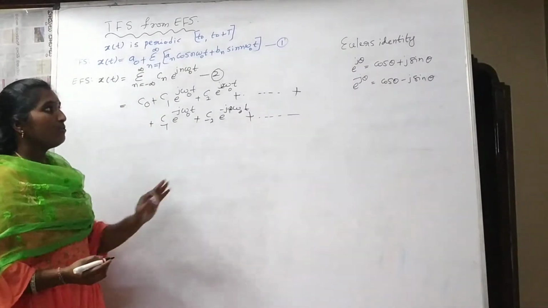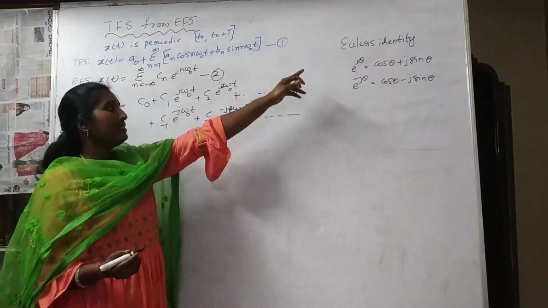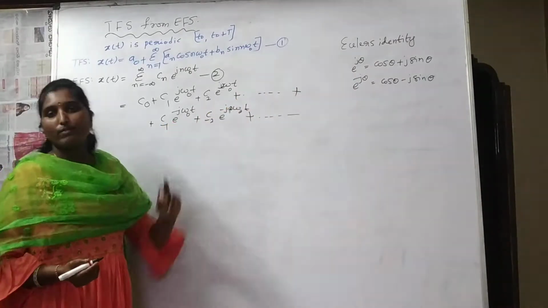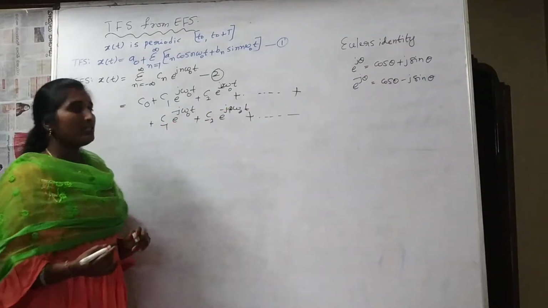Now use Euler's identity. You know Euler's identity: e^(j theta) can be expressed as cos theta plus j sin theta, and e^(minus j theta) will be cos theta minus j sin theta.